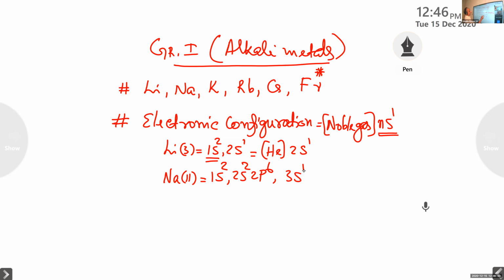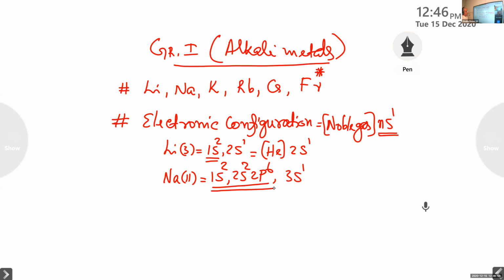So in the outermost level, there is one electron in the s level. And what about 1s2, 2s2, 2p6? How many electrons are there? Totally 6 plus 2 plus 2, 10 electrons.